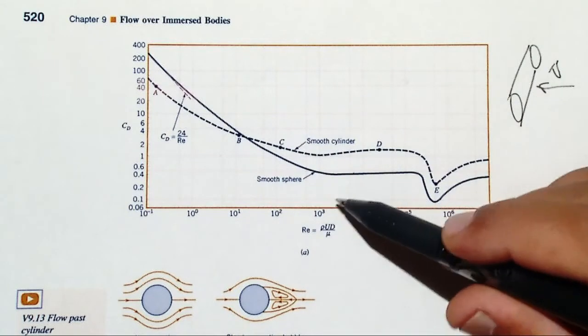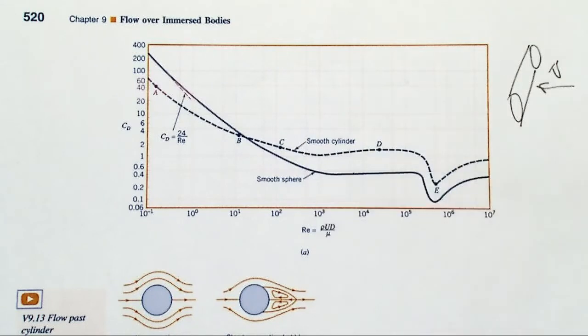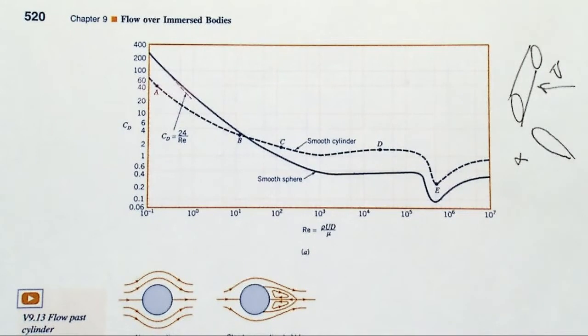That's why we have these two plots for a symmetric object like a smooth sphere or cylinder, but we don't have that for an airfoil, because the angle of attack, alpha, is part of it. If the airfoil depends on alpha, you will have different drag and lift coefficients, right?